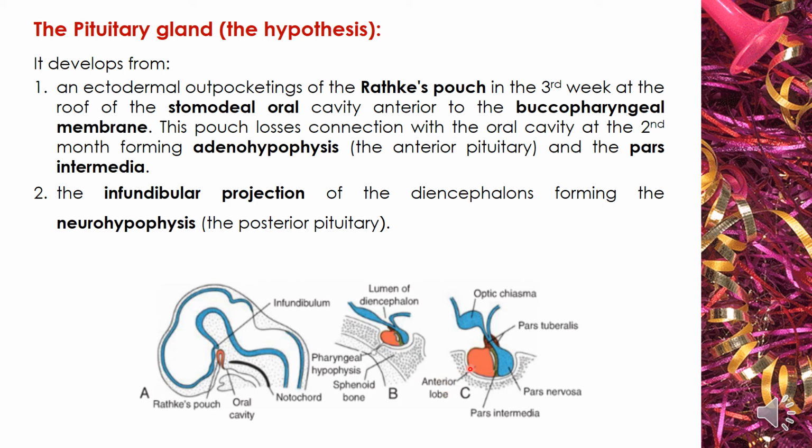Rathke's pouch forms the anterior lobe, or adenohypophysis, and the pars intermedia, while the posterior pituitary gland forms from the infundibulum. The infundibulum is a projection of the diencephalon. These projections form the neurohypophysis, or the posterior pituitary gland, the pars nervosa.